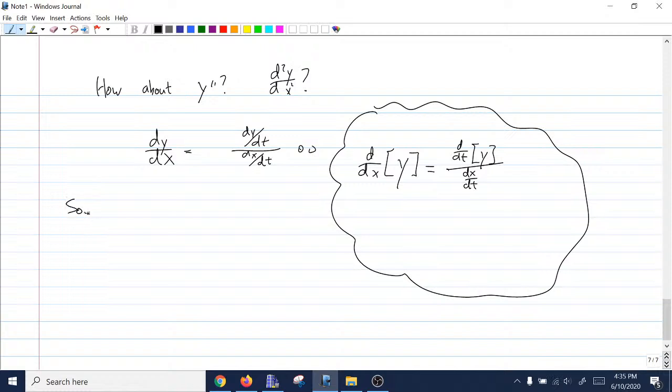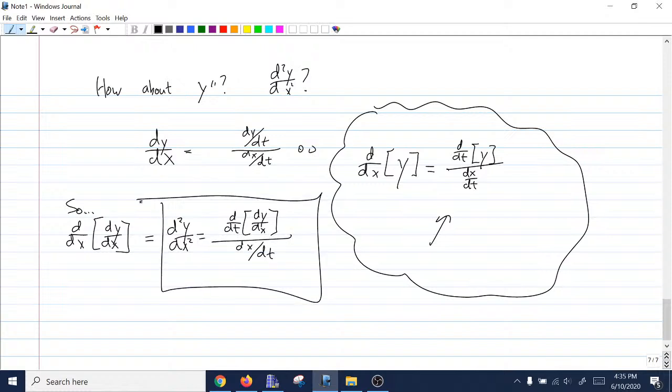So, to take the derivative of dy dx, I think about plugging that into this formula. The derivative of dy dx, which is y double prime, is the derivative with respect to t of dy dx divided by dx dt.